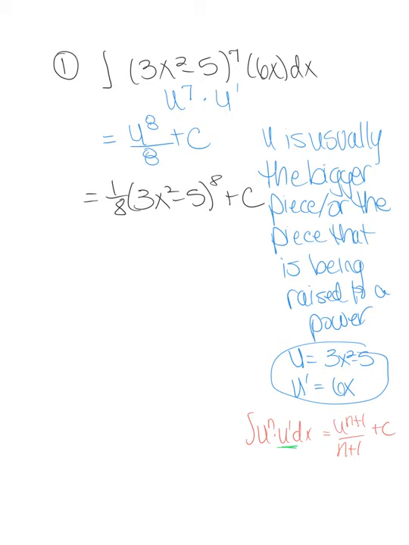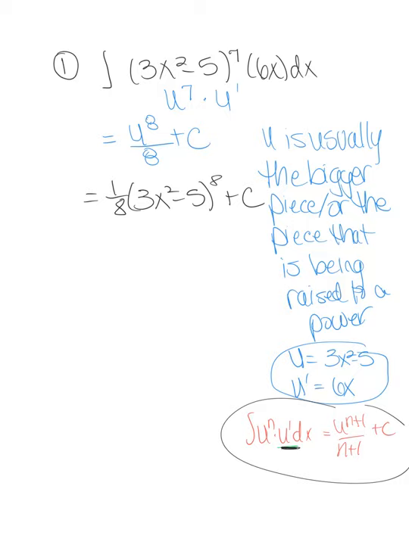Remember again that even though I need the u prime, it doesn't come out in the answer. That's part of what we have to fit the form. So just like when you take a derivative, you have to add in a u prime, when you integrate, you're going to need a u prime.